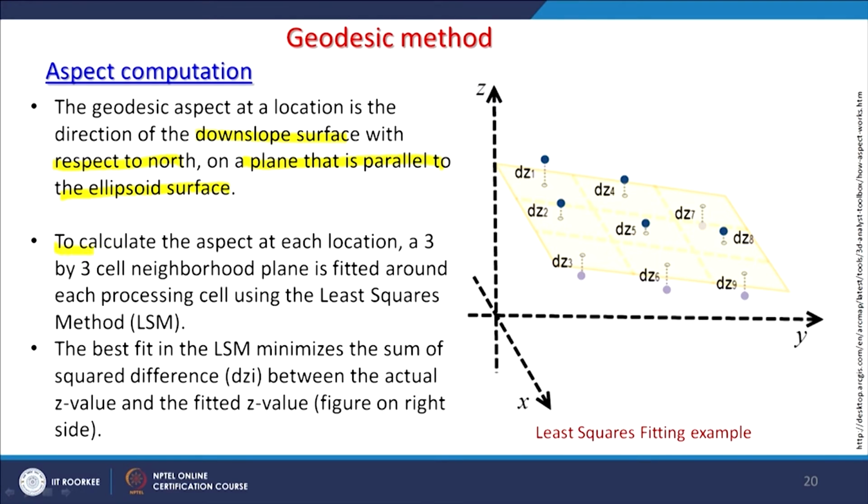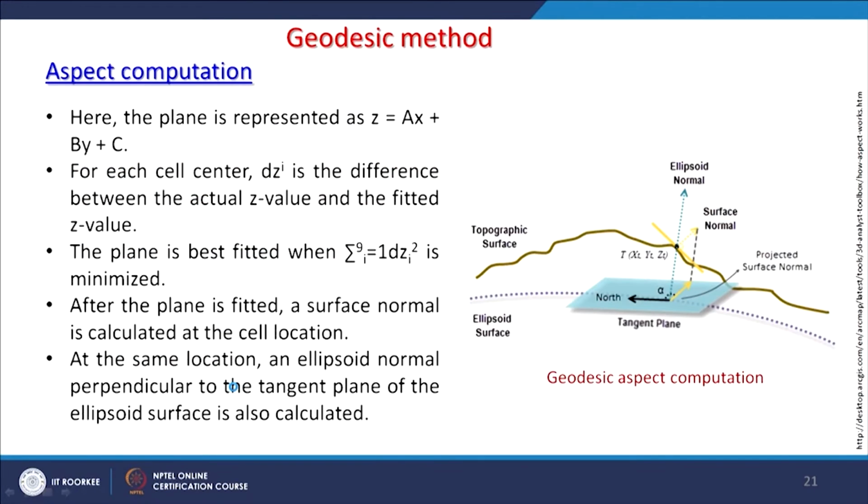To calculate the aspect at each location, a 3 by 3 neighborhood or kernel is fitted around each processing cell using the least squares method, and the best fit minimizes the sum of squared differences dzi between the actual z value and the fitted z value.